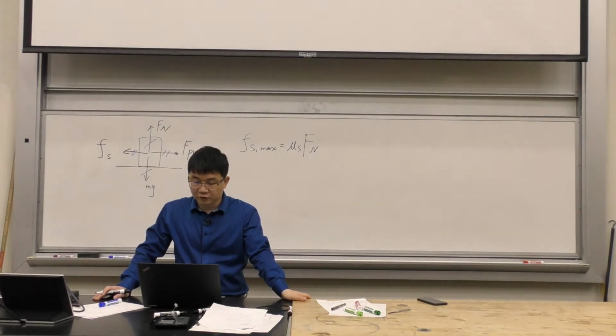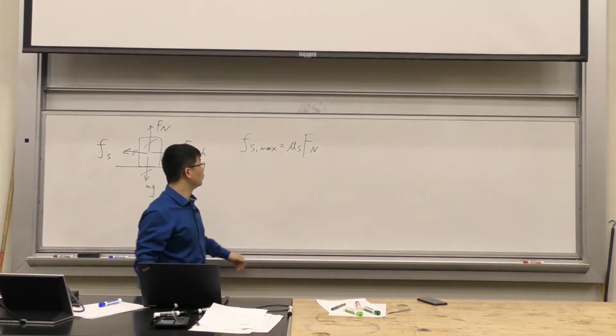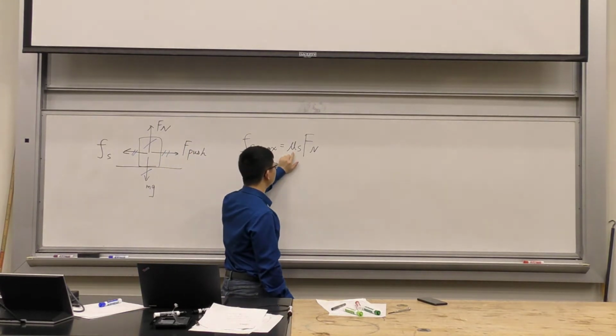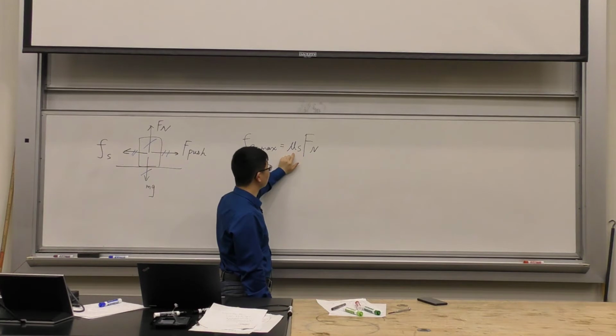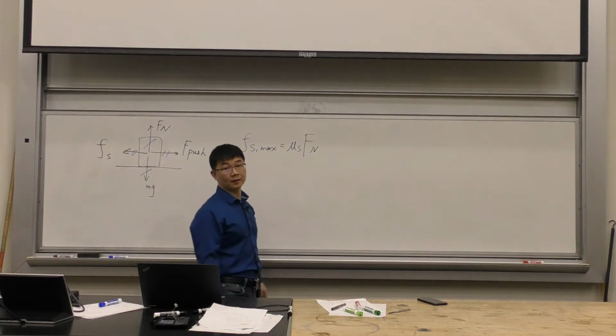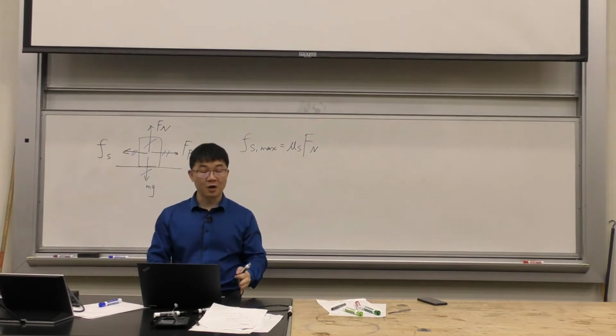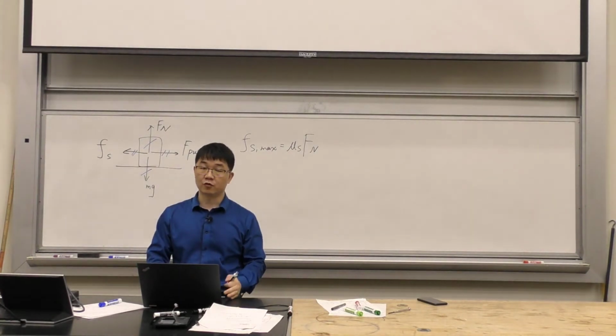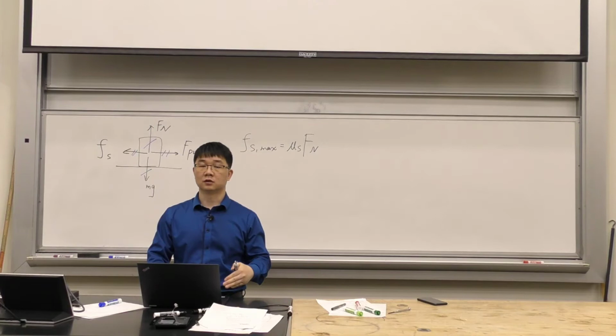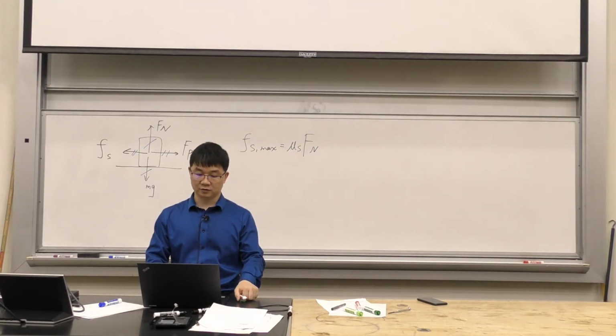It's called the coefficient of static friction, that's just a name we call it. The symbol we use for it is the Greek letter mu with the subscript s. So that's how we find the maximum possible static friction force from the surface on an object on this surface. That only helps you find the maximum.